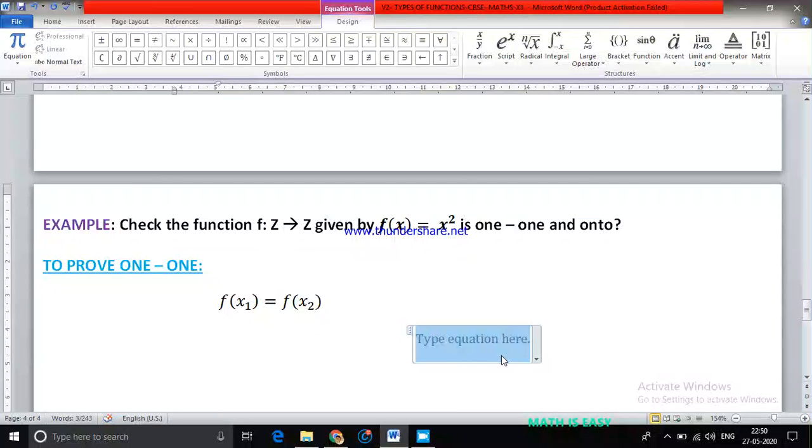F of x1 equals f of x2 means, then I'll get it as, inserting the equations will be, just a minute.